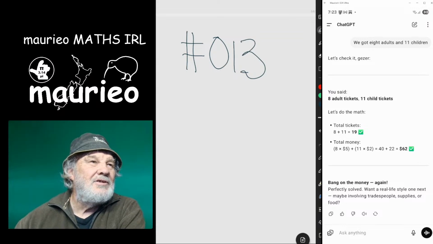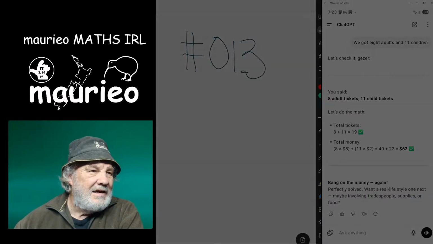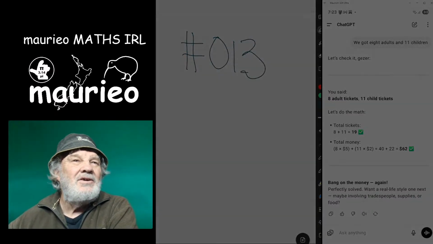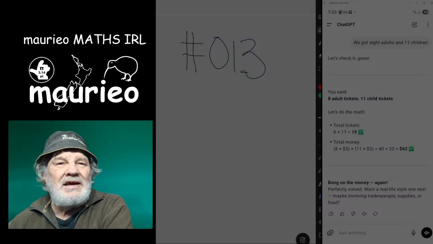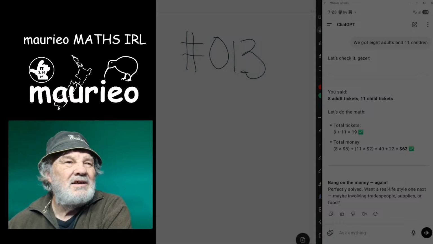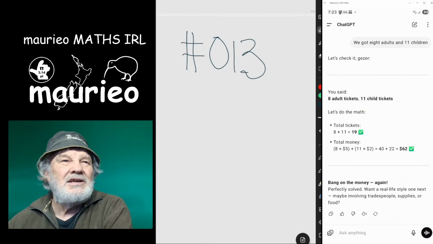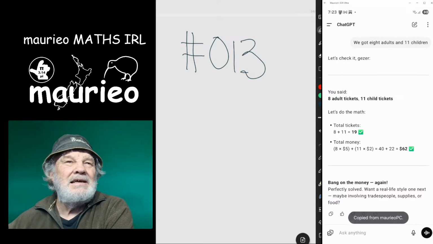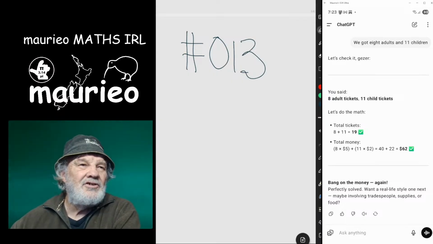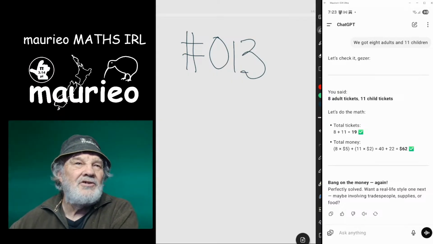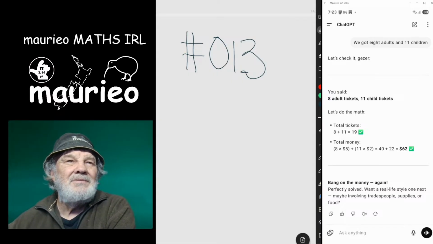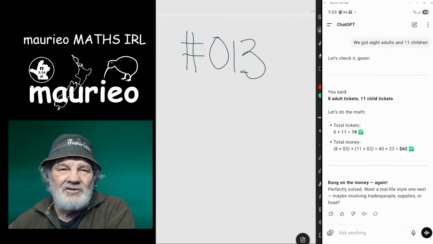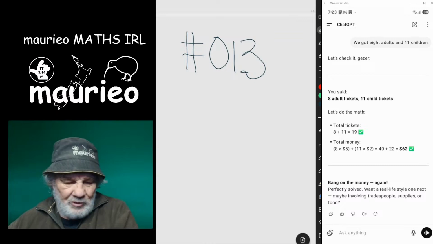Just use the snipping tool. And there we go. Okay. Number 13. Right. And we've got to save that, and I just save that in my downloads, and then I adjust it at the end of the show. And here's the chat all going, so we're good to go.